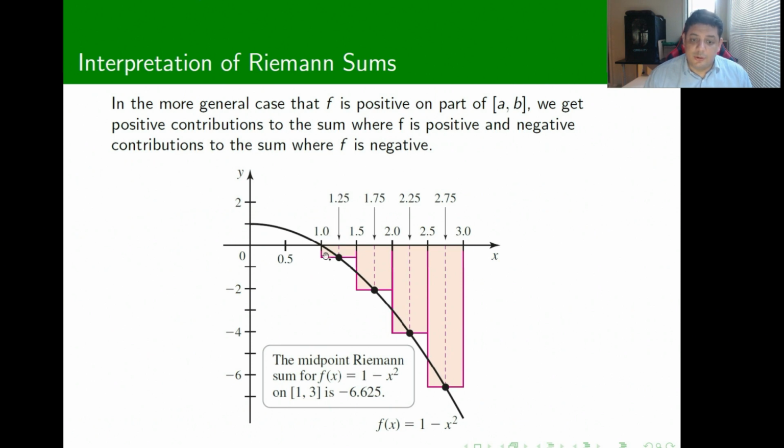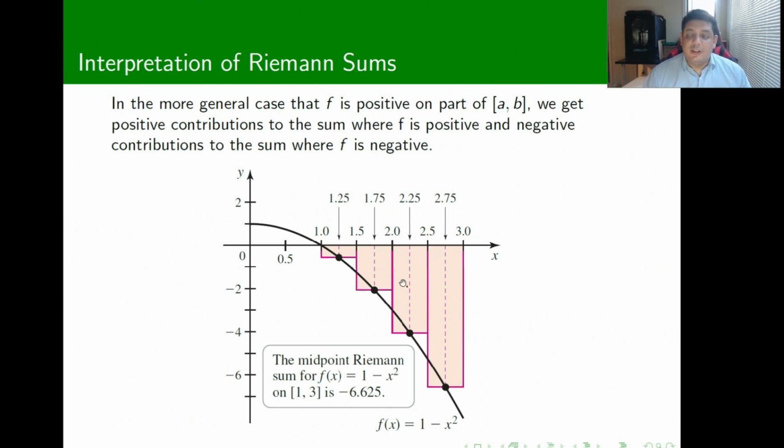Because we're going between 1 and 3, the heights of the rectangles are going to be negative. We have the height of the rectangle here being a negative amount, here another negative amount, and so on. The base is still going to be 0.5. We're moving here from 1 to 1.5 to 2.0 to 2.5 to 3.0.